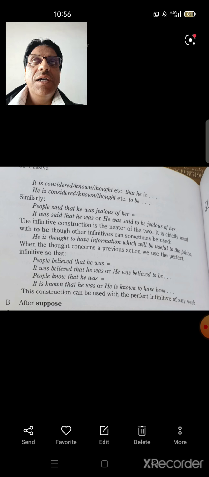This is with the clause. When we have a clause as an object, we can passivize it in two ways, either with the it construction, or we can make the subject he as the subject of this sentence. That is, people believed him. We can either use him or we can use the it construction. There are two ways to passivize the active sentences that have clauses as objects.